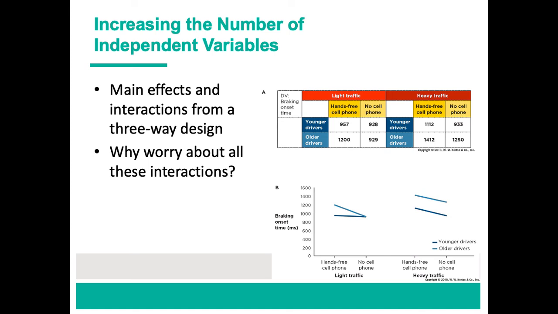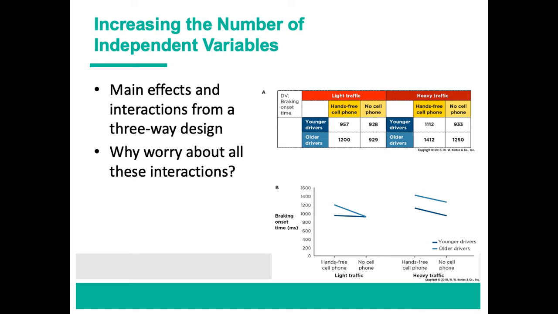You have to have theory to support those. And the more interactions you investigate, the less power you have. You're getting less power with each split of the data, unless it's truly all within subjects. If it's between subjects, you're getting fewer and fewer people represented in each cell, and so your power goes down.